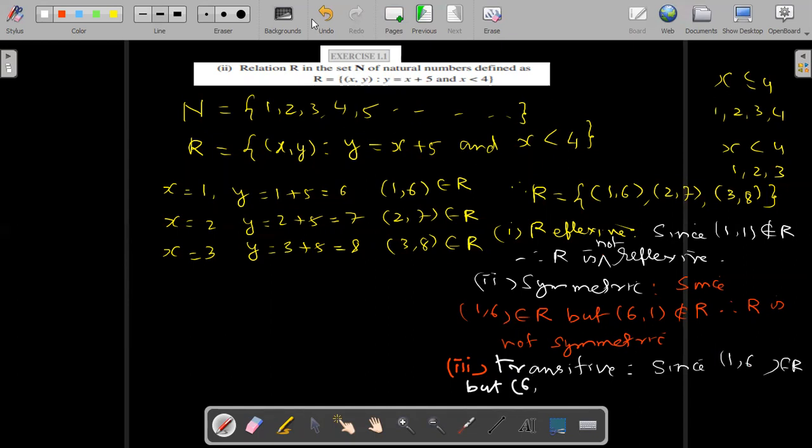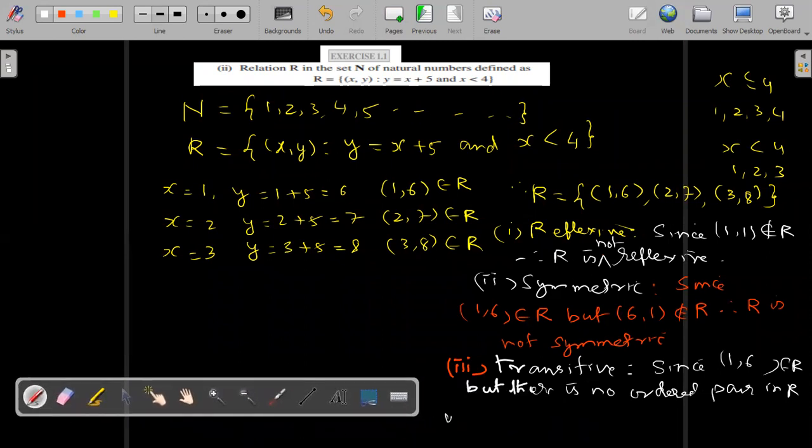So we can say that (1, 6) belongs to R, but there is no ordered pair in R where 6 is the first element.